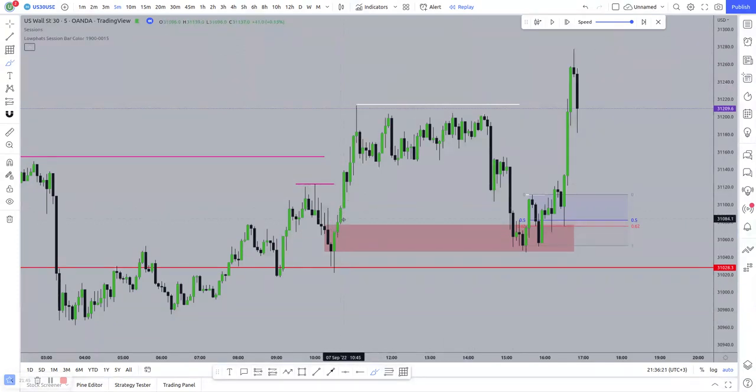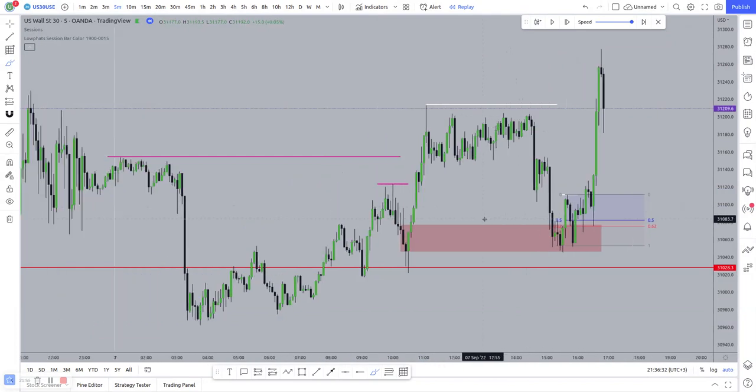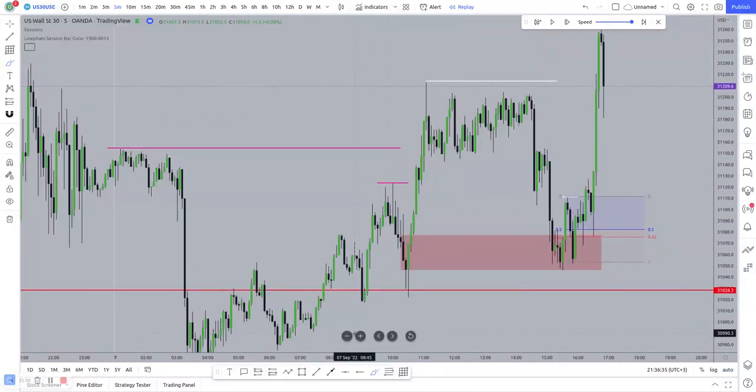If we had one bearish candle, then this can be a gap that I would consider. But let me see if I can find something that would make sense to you.